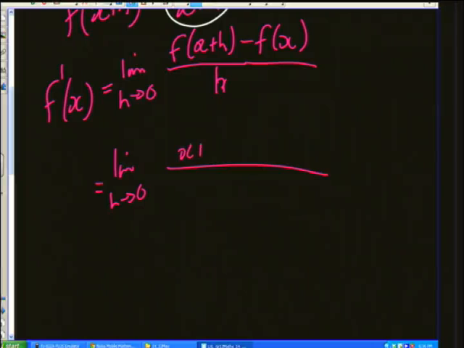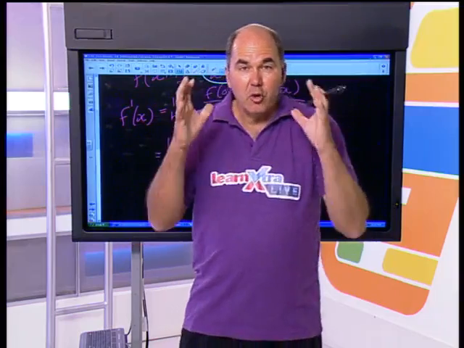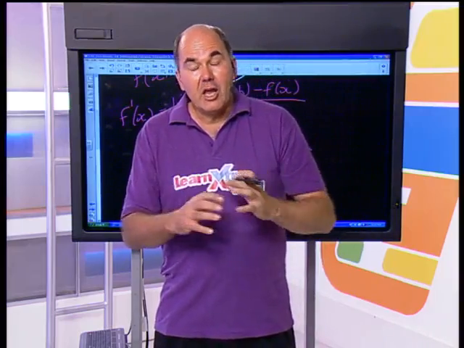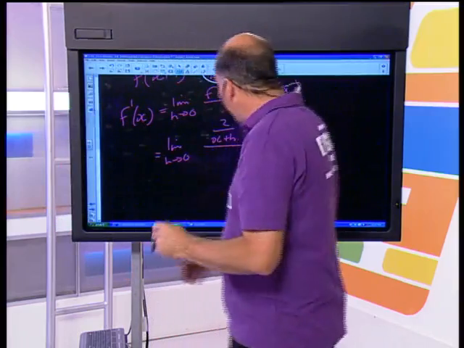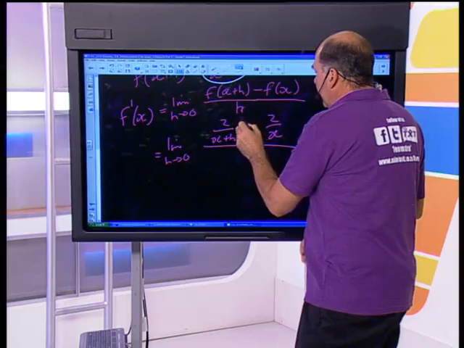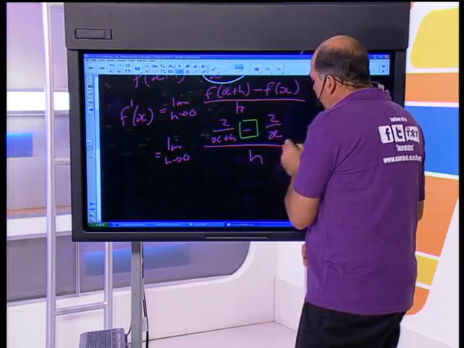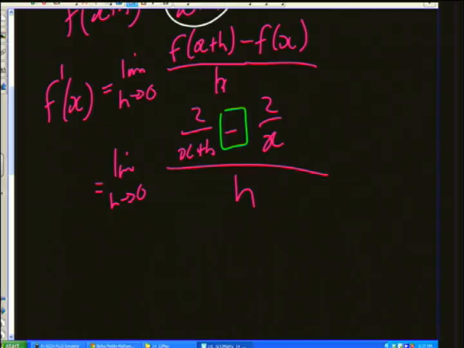So I'm going to say 2 over x plus h minus 2 over x, and at the bottom line h. Now, this is where you have to stay alert. In some cases, you're going to have to expand. And because there's a negative sign here, you need to make sure that everything on the right of that negative sign is applied to it.